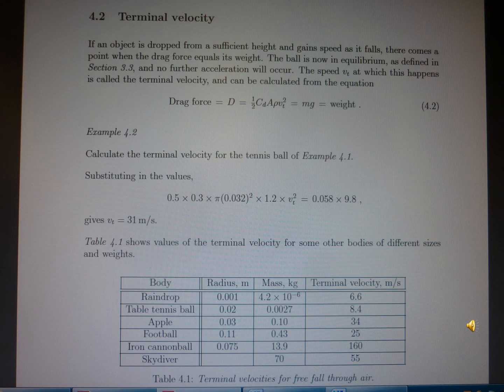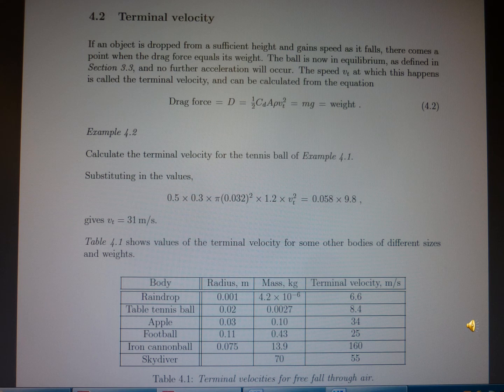And then Table 4.1 shows the values of the terminal velocity for some other bodies of different sizes and weights. The first body is a raindrop, with a radius of 0.001 meter and a mass of 4.2 times 10 to the power minus 6 kilograms, and the terminal velocity is 6.6 meters per second. The next body has a 0.02 meter radius and 0.0027 kilogram mass, and the terminal velocity is 8.2 meters per second. The next has a radius of 0.03 and a mass of 0.1, and the terminal velocity is 34 meters per second.